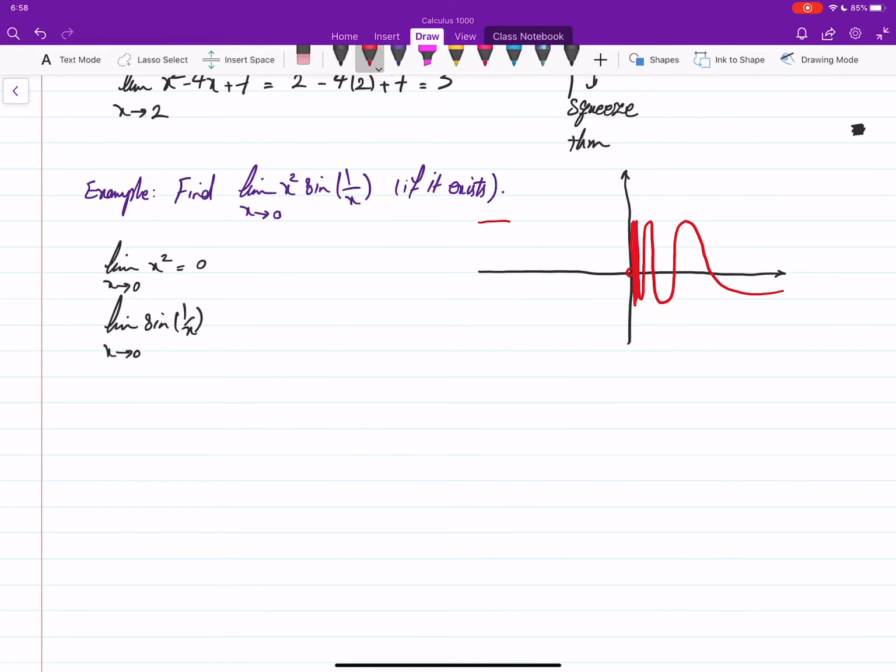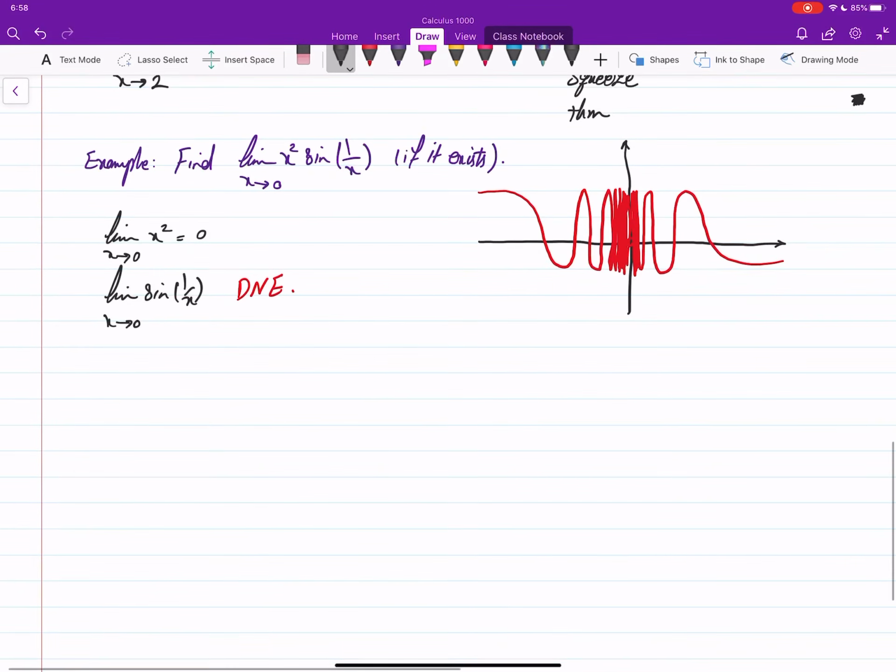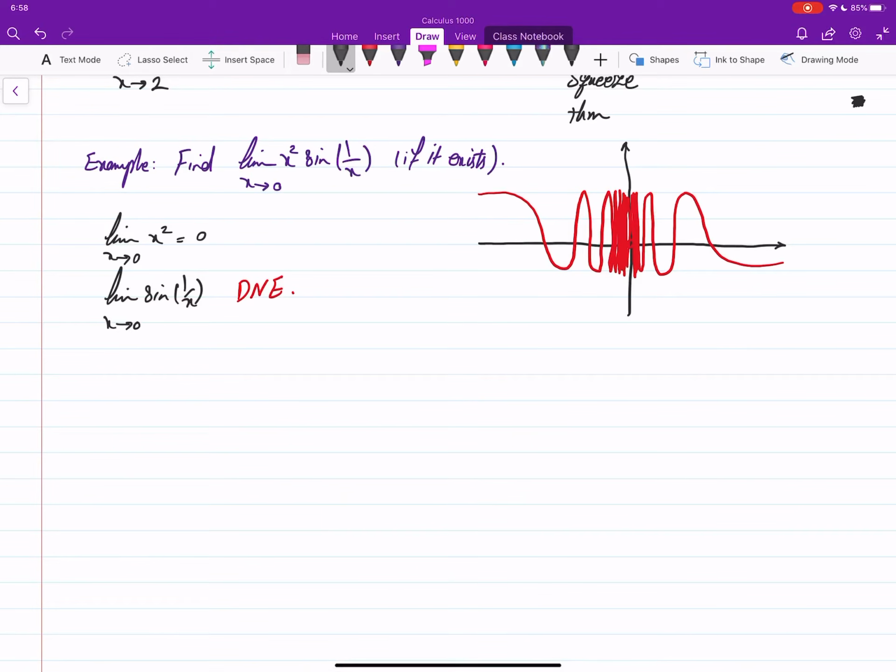The same thing goes the other way around, and as we get closer, it does crazy things. So the limit for this actually does not exist. Since the limit does not exist for one of the factors, we cannot use the product law. That simple idea cannot work here.